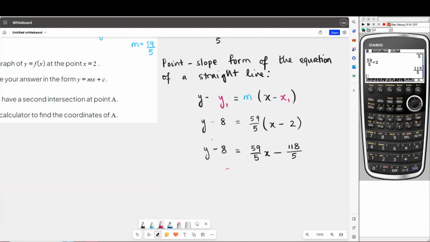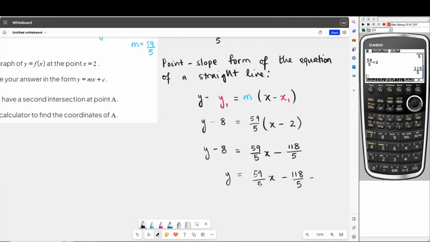That is why I'm adding the 8 to undo this 8 that's already subtracted here. You undo subtraction with addition, right? So that's going to say y is equal to 59 over 5x minus 118 over 5.